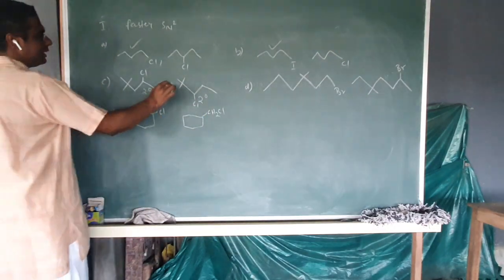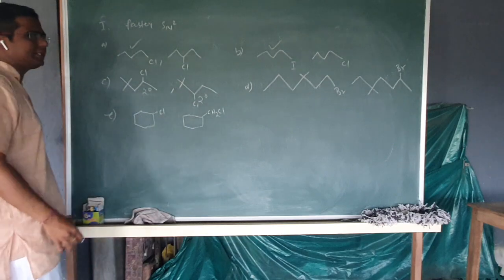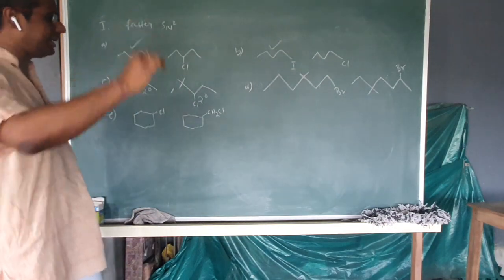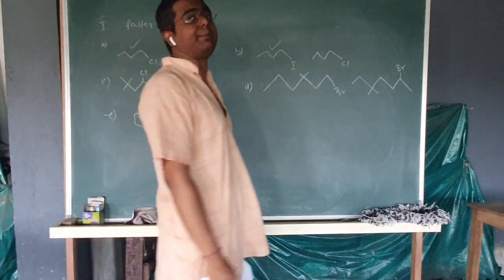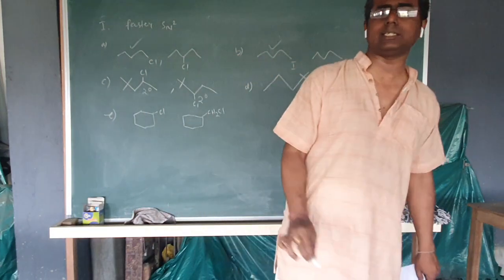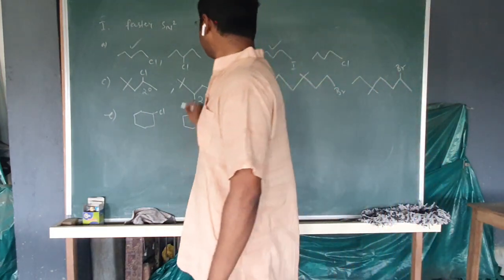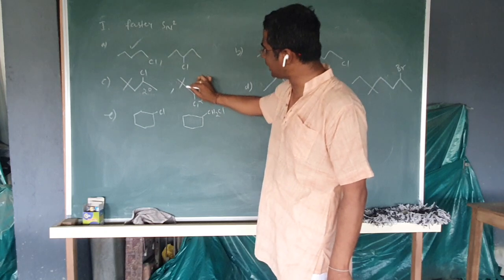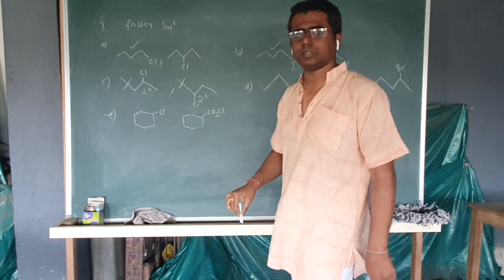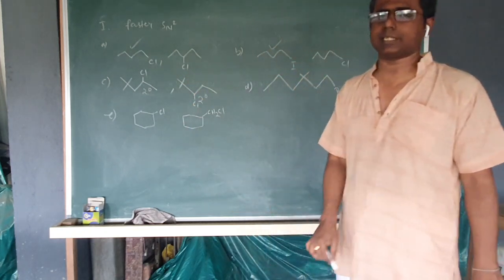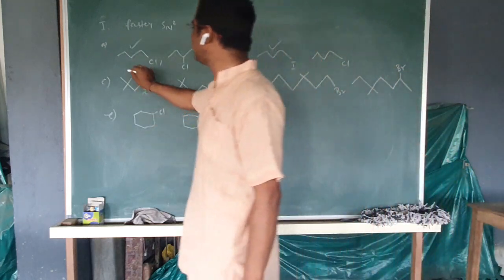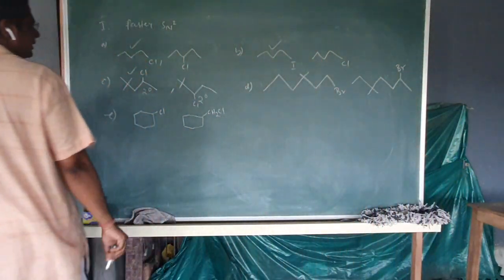So definitely this bulky group will take the reaction towards elimination reaction. It was taught on the board: the more bulky the group attached to the carbon, the higher the chances of an elimination reaction. So in that case, this will be the faster reaction.